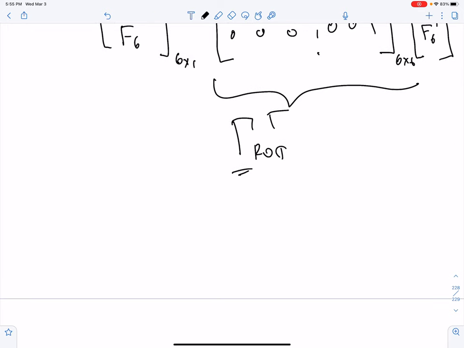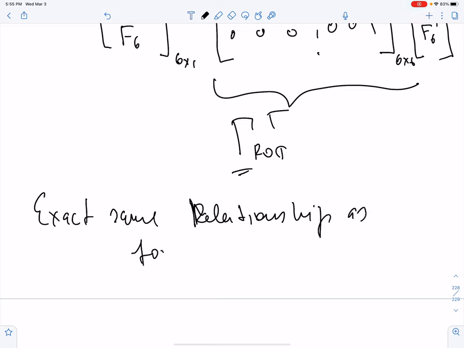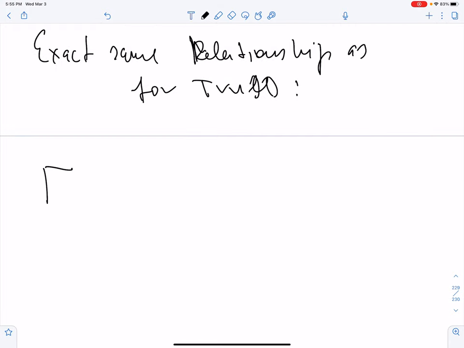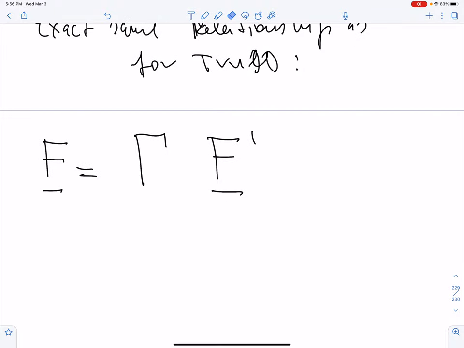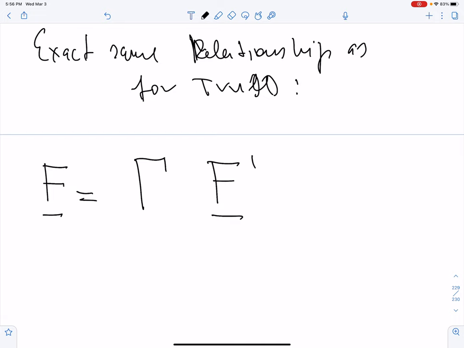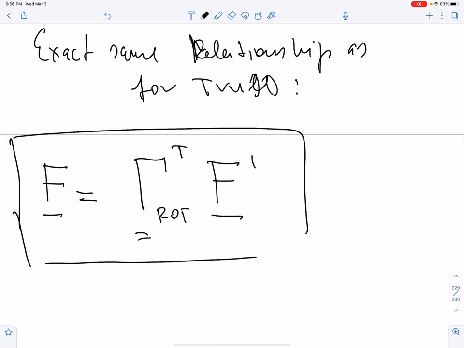And so we have the exact same relationship as for the truss element, where I can take my forces in a global coordinate system for a given element and relate them to the forces in a local coordinate system by multiplying using a rotation matrix, gamma ROT transpose. Okay. So far, so good.